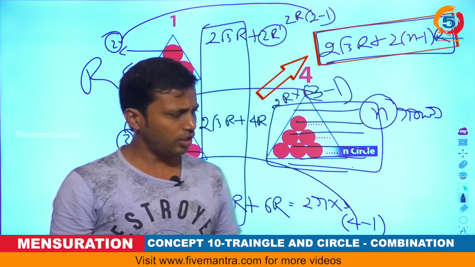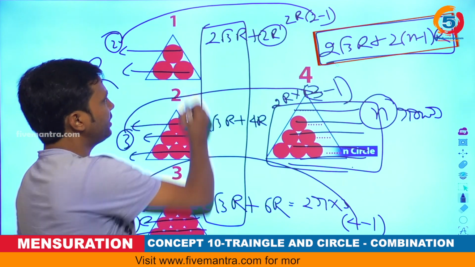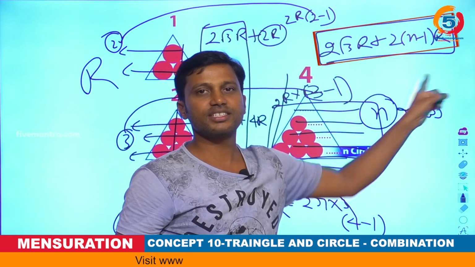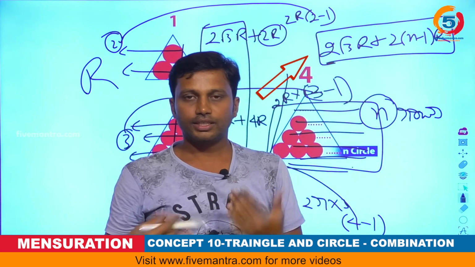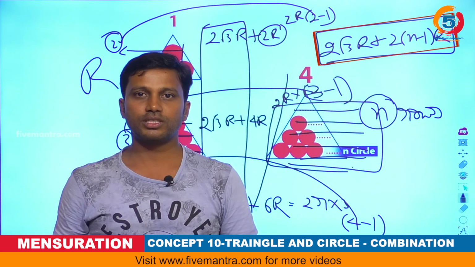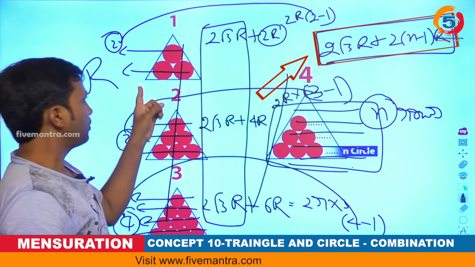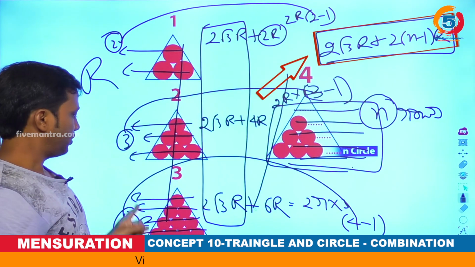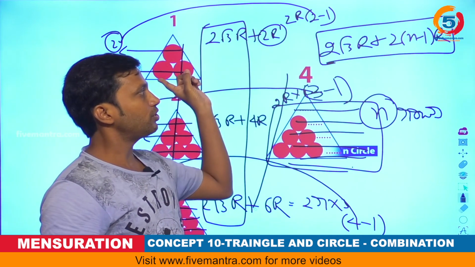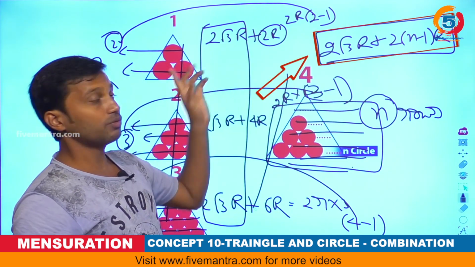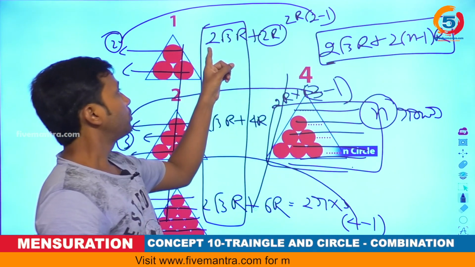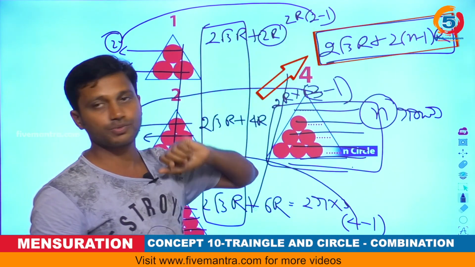Now do we need to do this entire process? We don't need all this. Just this is the generalized result. I think you understood. Once again repeating the concept: how many rows are here? 2 rows. And here? 3 rows. And here? 4 rows. When 2 rows are there, the formula for the side of the triangle is 2 root 3 r plus 2r into 2 minus 1.